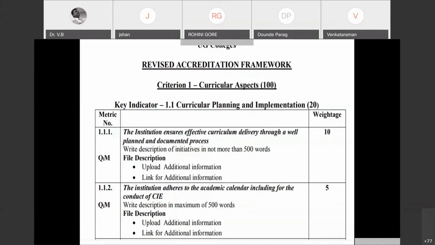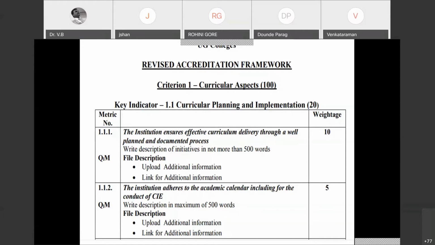The question that is asked is, the institution ensures effective curriculum delivery through a well-planned and documented process. As it is given below the metric number, it is a qualitative metric, which means you are supposed to give a descriptive answer.